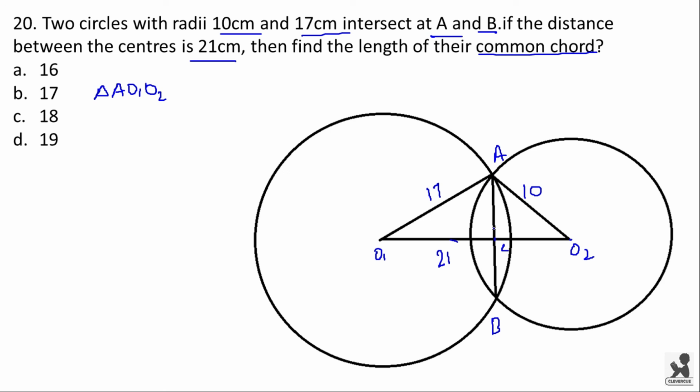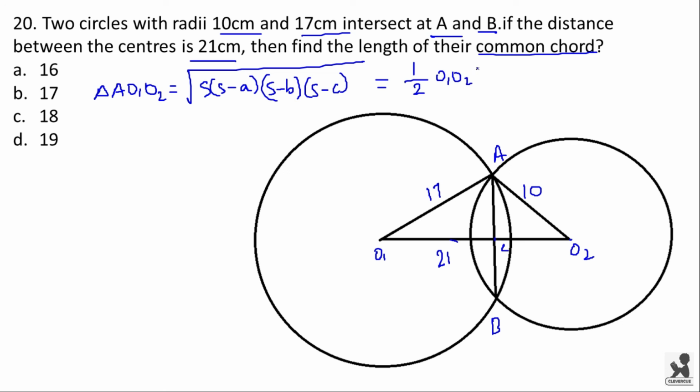One is by using semi perimeter, that is the square root of S into S minus A into S minus B into S minus C. And another formula for the area of the triangle is half into base into height. That is, here the base is O1 O2 into AC. So let us find this first.